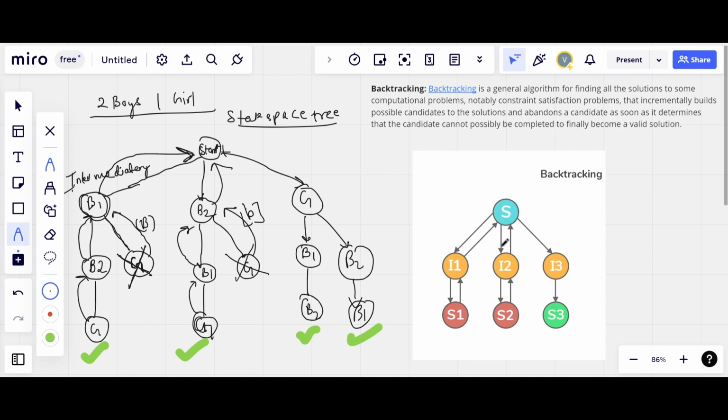Then we explore the other path with the other choice, that is I2. Now I2 becomes the intermediary level, and we explore the other solution, that is S2. If it is not feasible, we'll backtrack and try the third option, and if it is feasible, we'll add it into the list of feasible solutions.